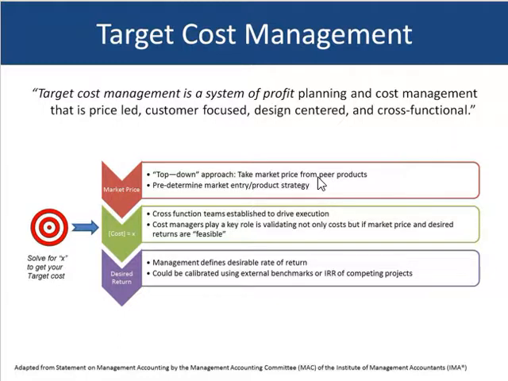Ultimately, what you are going to do is to look at what's your desired return level. If the industry's desired return or required return, whether it be an external benchmark for investors or internal rate of return projections that are required by management, you are going to basically back into the cost model.